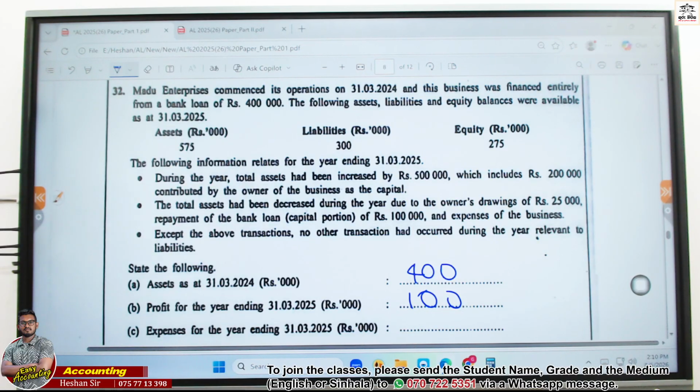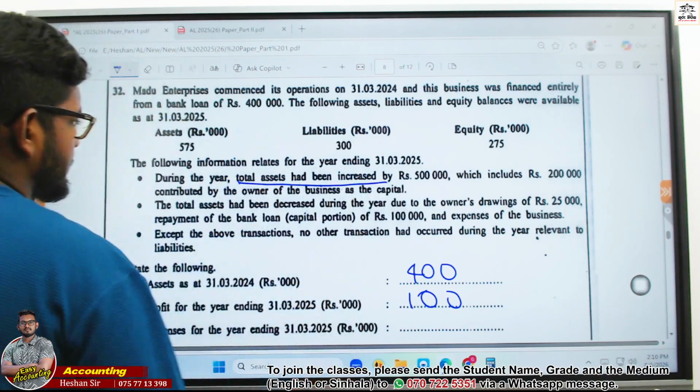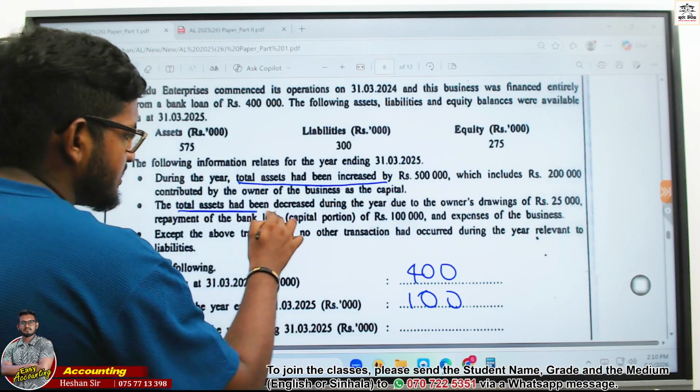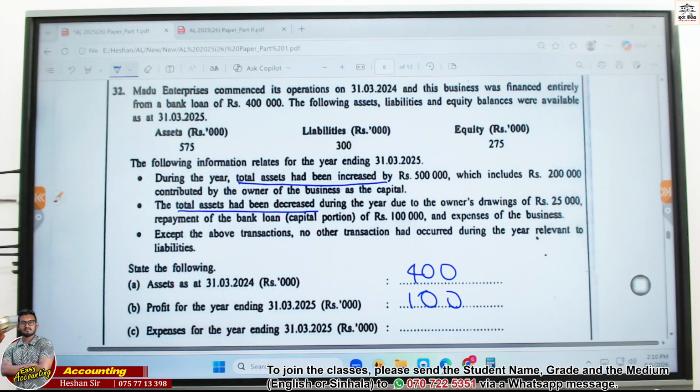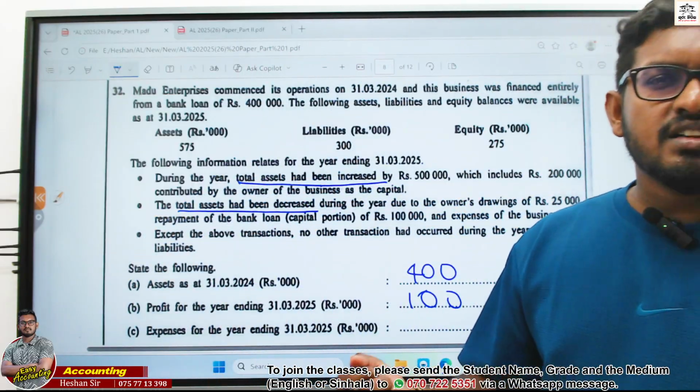Then හරියටම මොකද වෙලා තියෙන්නේ කියලා බලන්න. මෙතන දෙකක් තියෙනවානේ. Total assets increase වෙන්න හේතුවක් දීලා තියෙනවා, total assets decrease වෙන්න හේතුවක් දීලා තියෙනවා. මොකද කියන්නේ, asset increase වෙලාද decrease වෙලාද?